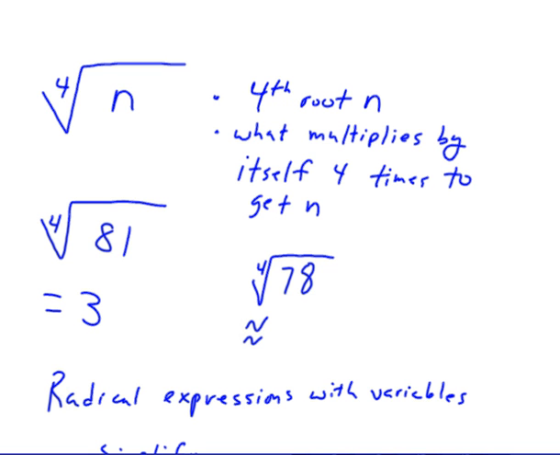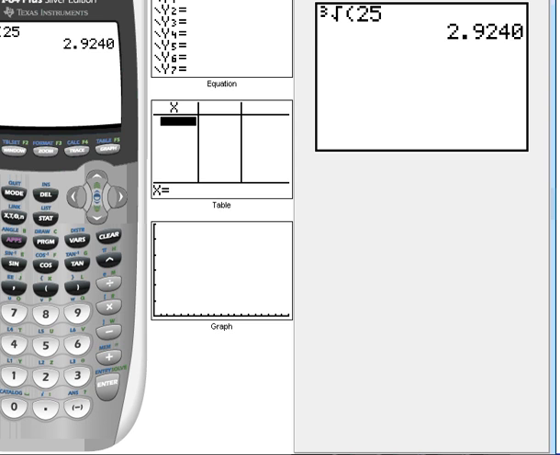Now, how do we do 4th roots on our calculator? That's a little more involved. So let's go to our calculator. Let's clear it. With this, we've got to type in the root index first. So if I'm doing the 4th root of 78, I need to type in the 4 first.